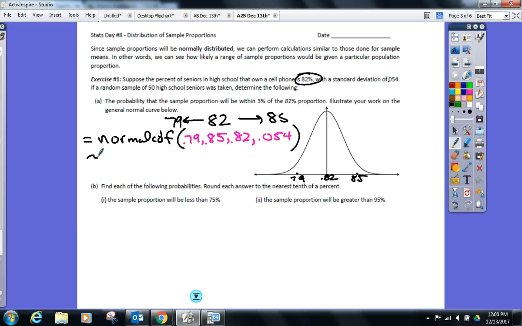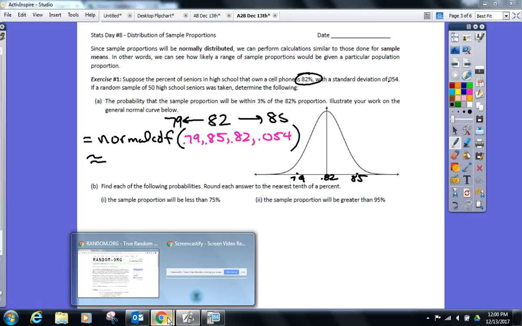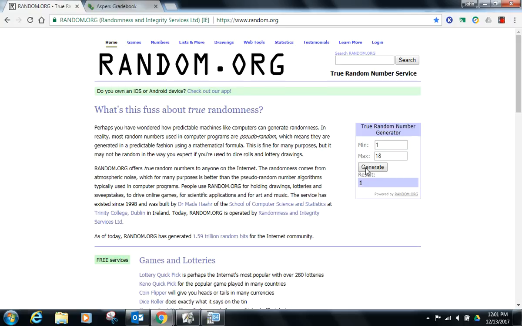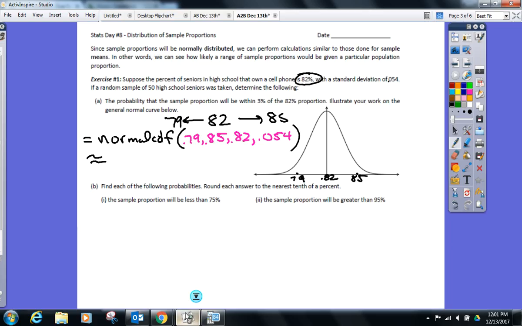And I'll take nearest 10th here like usual. What are we getting about nearest 10th? About 42.1%. Yep.